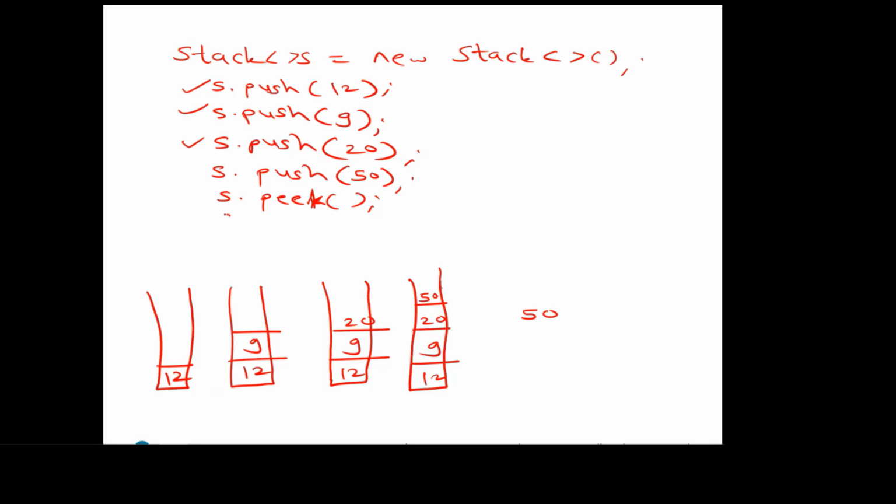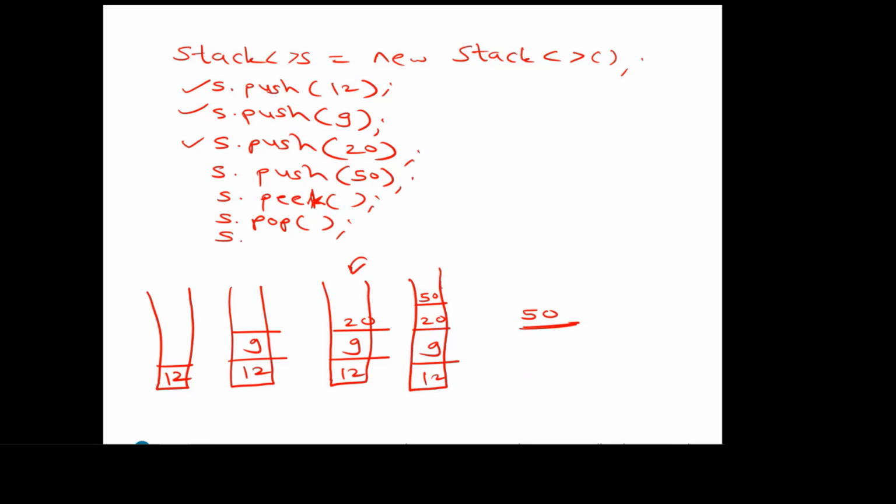Now, if we say s dot pop, what is going to happen if we print that value is going to be 50, but that 50 is no longer on top of the stack. Since we have removed that value, now my stack will look like this.